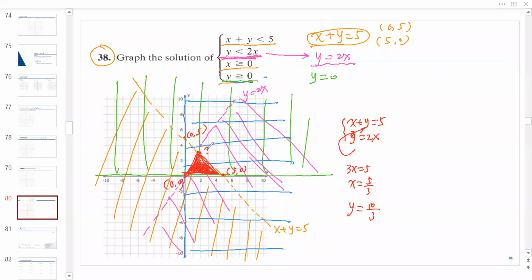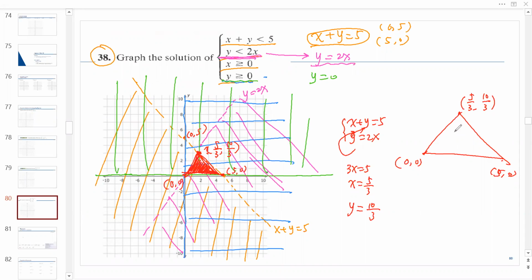So this dot is 5 over 3, 10 over 3, right? So you got 0, 0, 5, 0. So let's regraph this one. This dot is 0, 0, right? This dot is 5, 0. What about this dot? This is 5 over 3, 10 over 3, right?